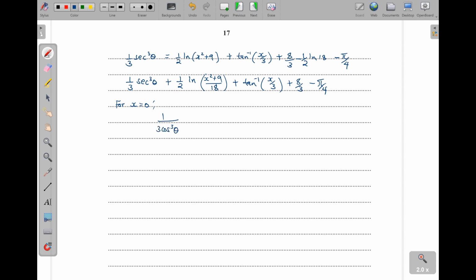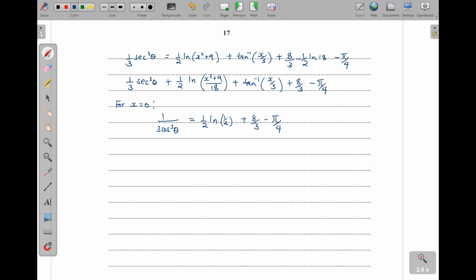Remember, we are looking for cosine, so take away the sec. Automatically, this will be 9 over 18, which is a half. So natural log of a half. And then plus, automatically, this one will be 0. Then we shall have 8 over 3, then minus pi over 4.